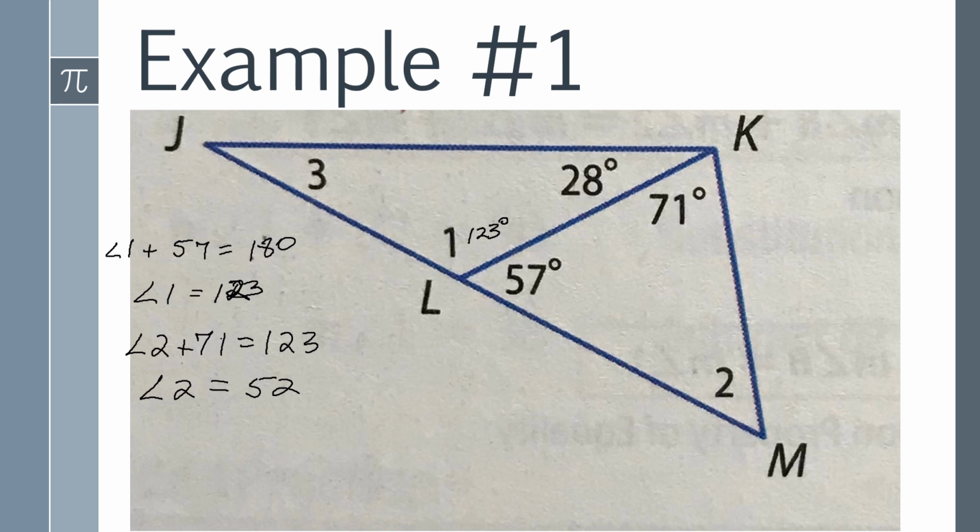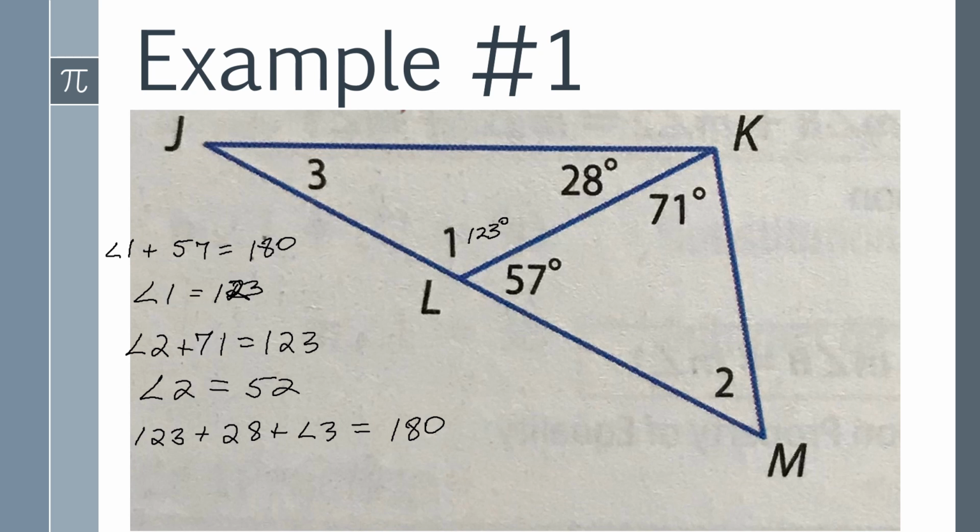Okay. Now, I think the easiest way to solve for angle 3 is to use what we've learned already, which is triangle angle sum theorem. So we say 123 plus 28 plus angle 3 must add up to 180.